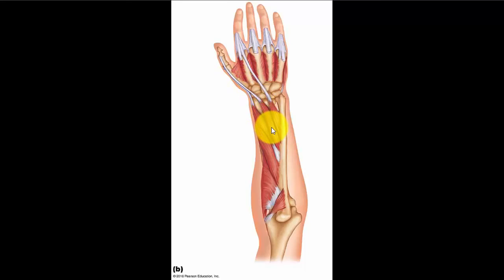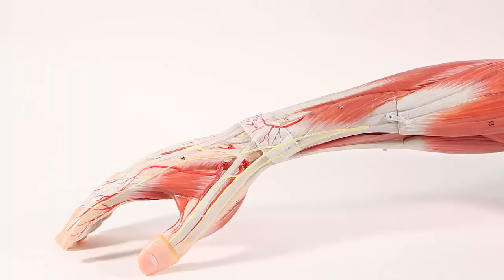And to give a little orientation, this muscle right next to it is the extensor indicus. Now the action of extensor pollicis longus is that it extends the thumb. Makes sense.